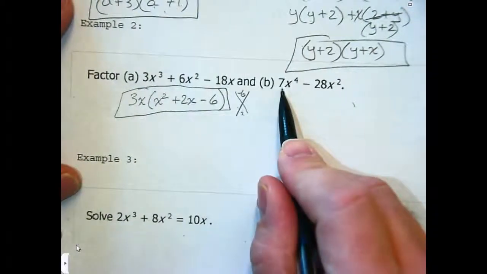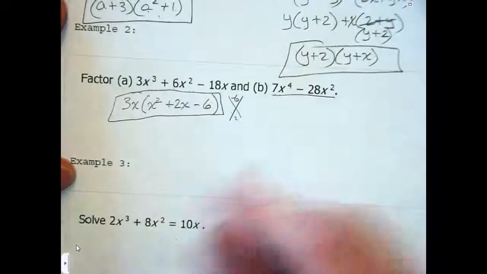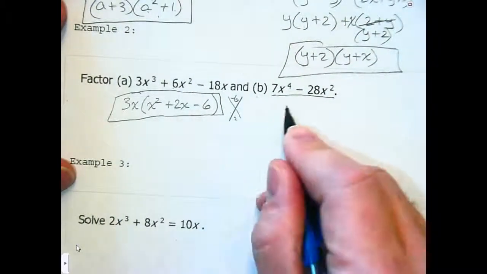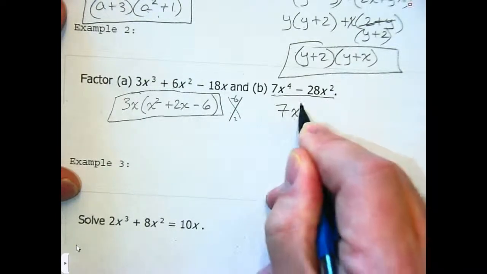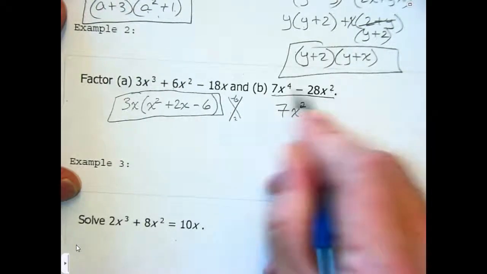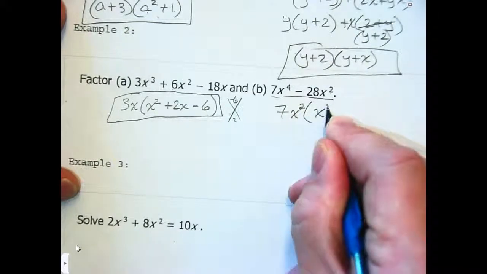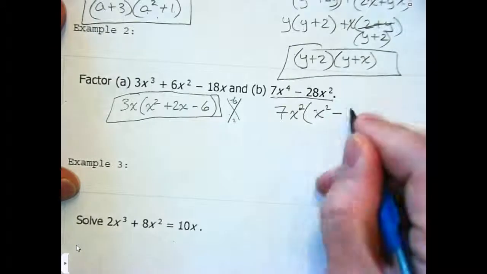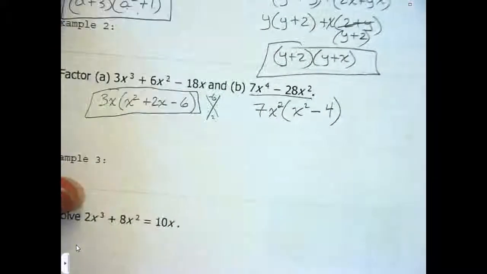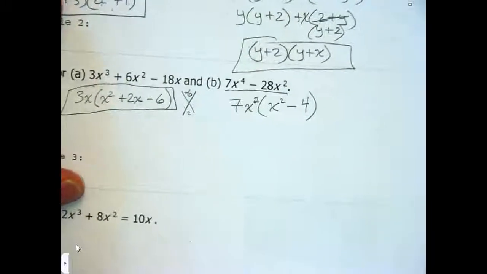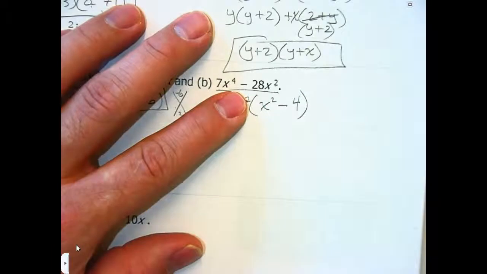How about this one? Tell your neighbor what you got going into each. 7x squared. Always the smaller power. x squared minus 4. Are we done? Can you factor x squared minus 4 anymore?